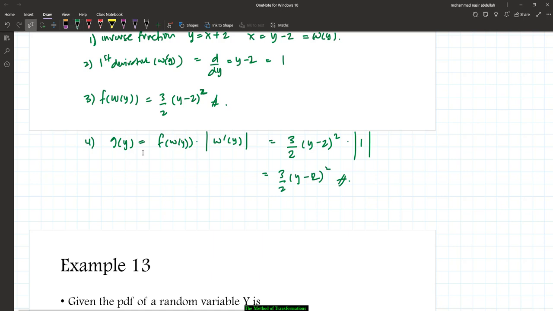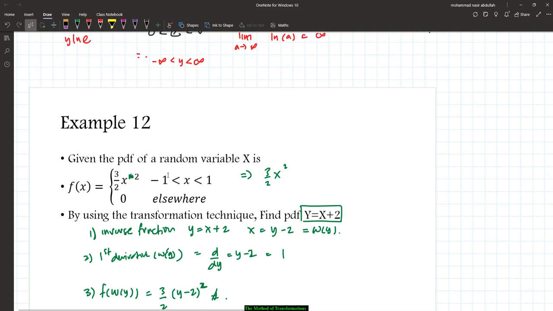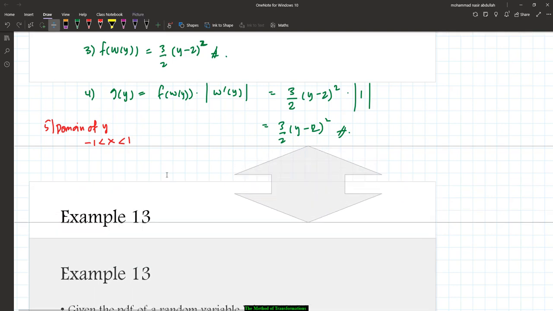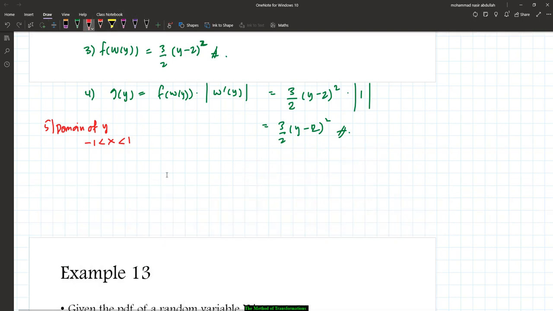So the next step is we need to find the domain. Step 5, domain of y, given x is between negative 1 until 1. So x equal to y minus 2. This is 1, negative 1.